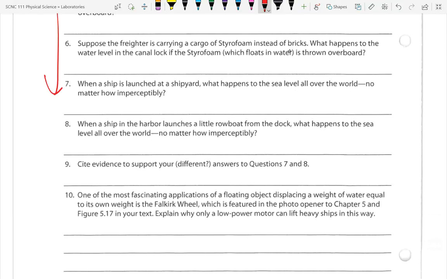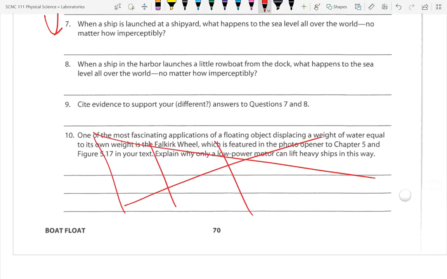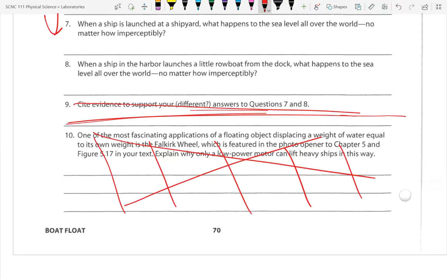This one here we're not doing either. Actually, I think I skipped 8 as well. What was that? 9, yeah, the one I crossed out. So we're not doing 9 or 10. Yeah, so not 9 or 10.